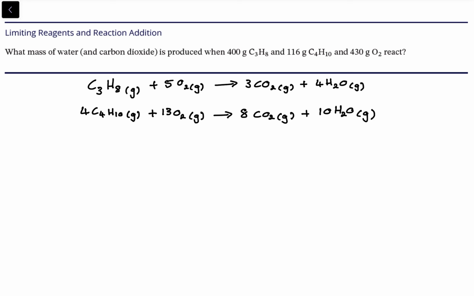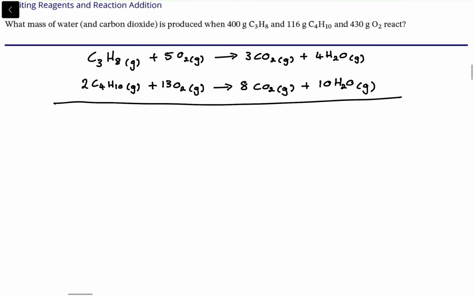There's actually just a little writing mistake there. That should just be a 2 there. So we know these are separate, but if both butane and propane are reacting with oxygen, we can actually sum these and get a big overall equation.